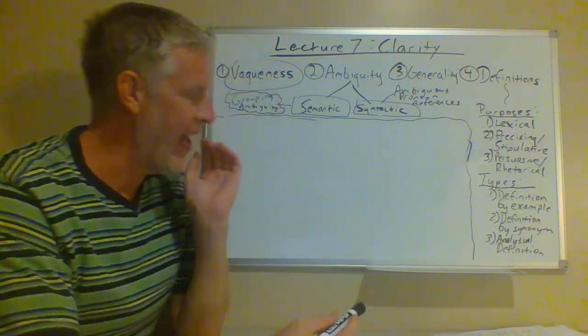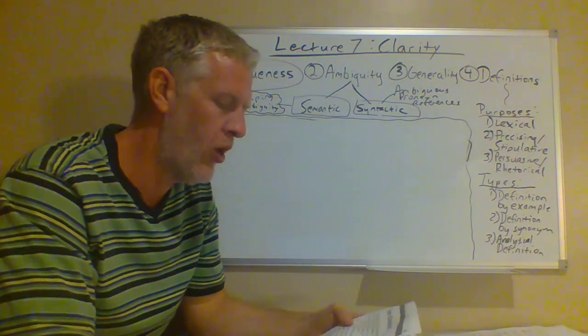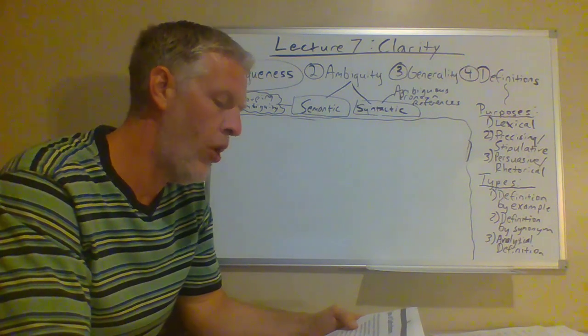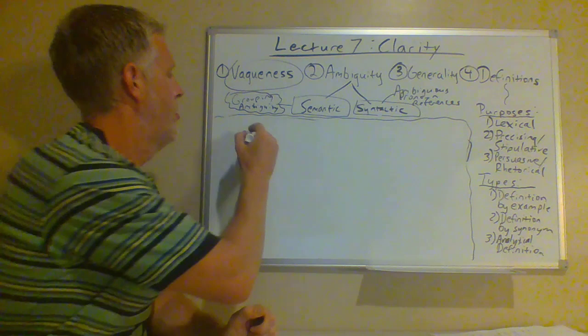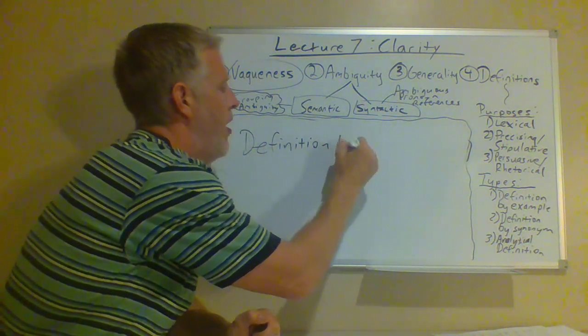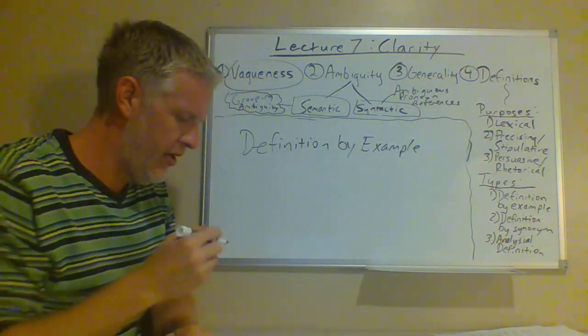So a definition by example, as I mentioned, is pretty much the top of slide 14. This is provided by, quote, pointing to, naming, or otherwise identifying one or more examples of the sort of thing to which the term applies. I like my example here.